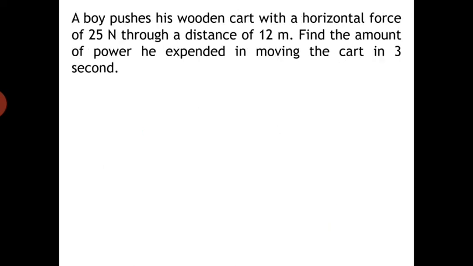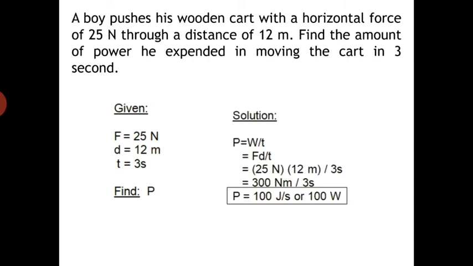Okay, for number 2 problem. A boy pushes his wooden cart with a horizontal force of 25 Newtons through a distance of 12 meters. Find the amount of power he expended in moving the cart in 3 seconds. So we have the force of 25 Newtons, the distance of 12 meters, and the time of 3 seconds, and we are looking for the power.